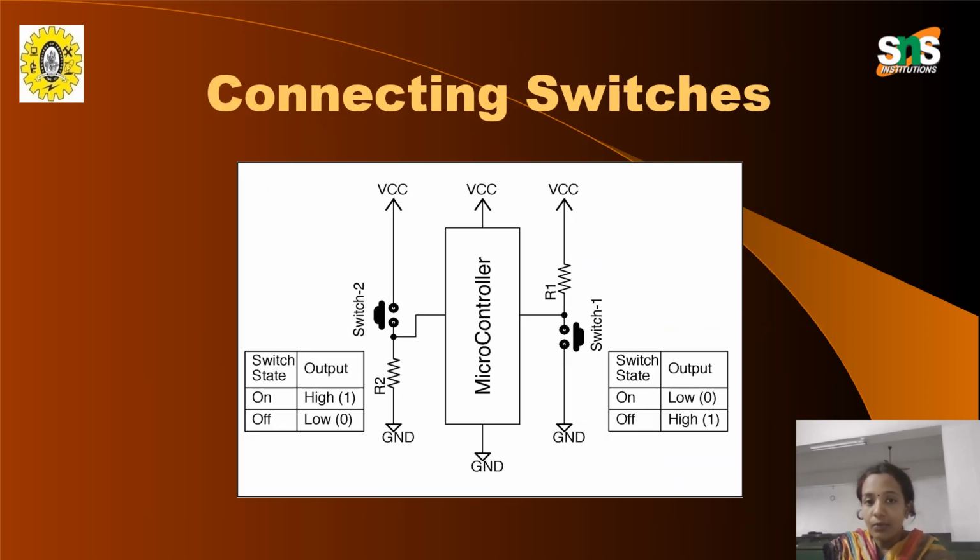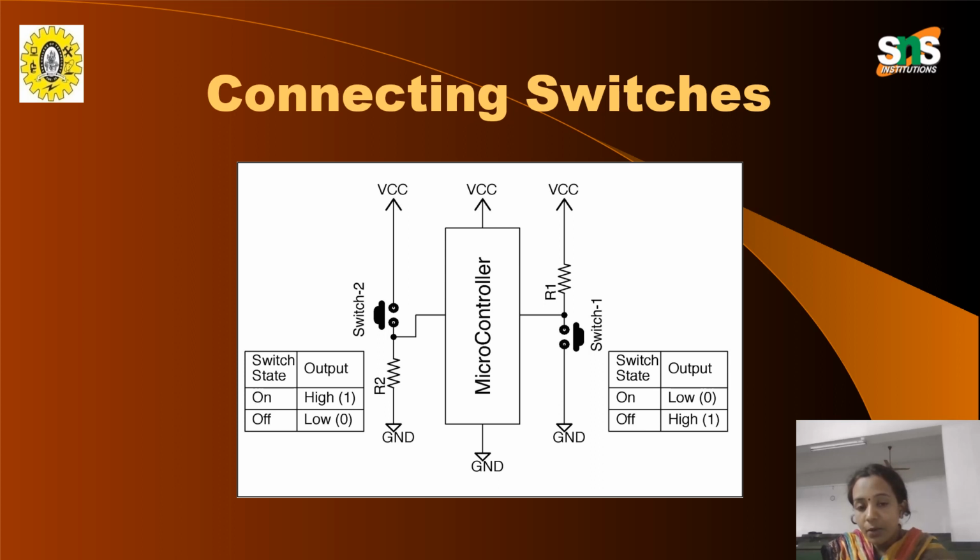So this is the diagram for connecting a switch. If the switch state is on, the output would be high. If the switch state is off, the output will be low. Here, for switch number 2, if the switch state is on, then the output will be low. If the switch state is off, then the output will be high. We have a microcontroller which is connected with switch 1 and switch 2 and resistor 1 and resistor 2.